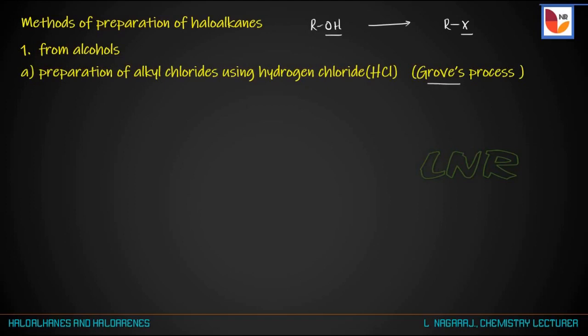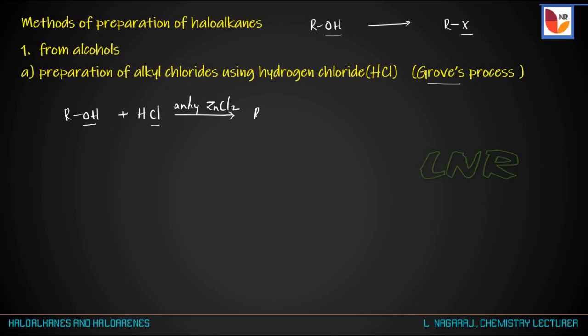That is, alcohols react with the hydrogen chloride, that is concentrated HCl, and the reaction takes place in the presence of anhydrous ZnCl2, anhydrous zinc chloride. Here there is an elimination of OH group by the Cl. Elimination of OH group or replacement of hydroxyl group by the Cl.